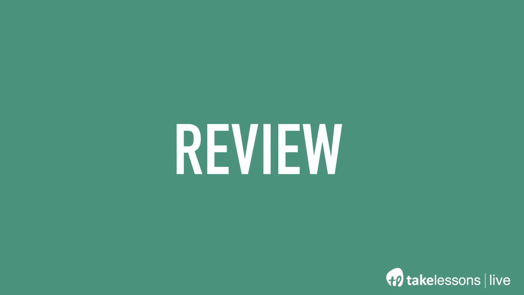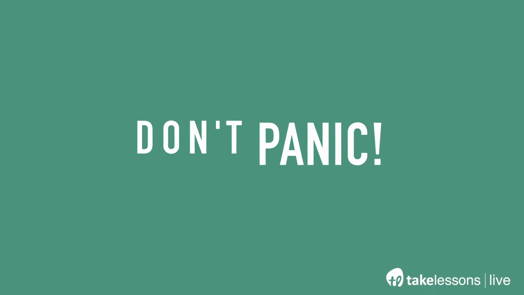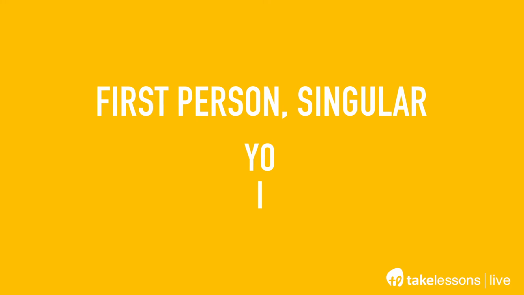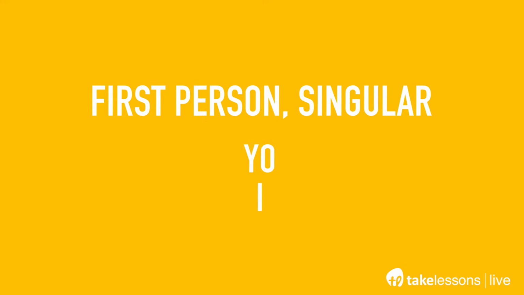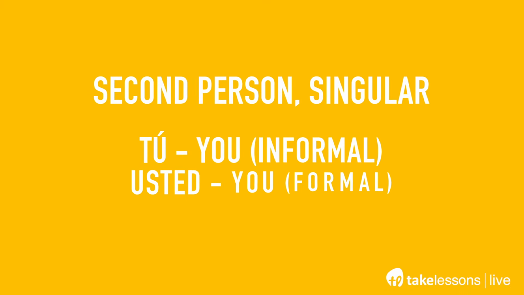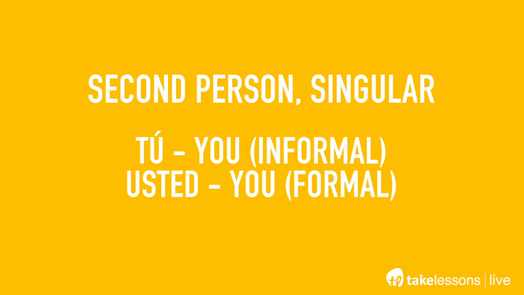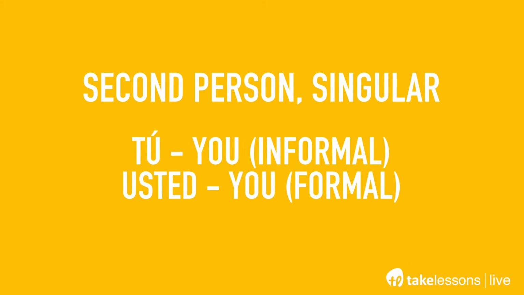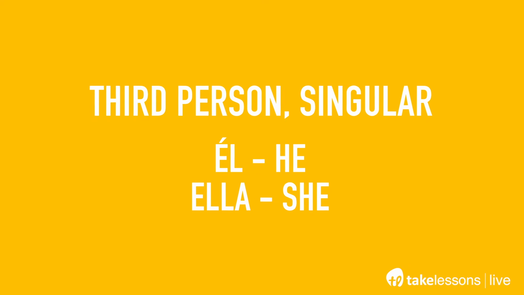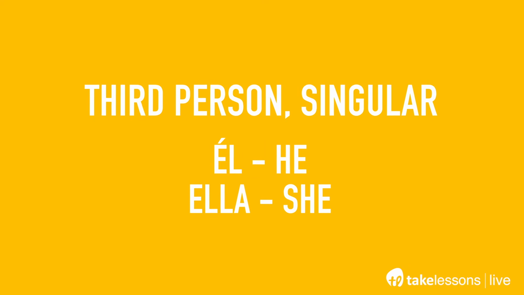It is easy to get confused with all these pronouns, vosotros, ustedes, nosotros. Don't panic, it's okay. First person singular, yo, I. Second person singular, tú or usted, you. For third person singular, we have él o ella, he or she.